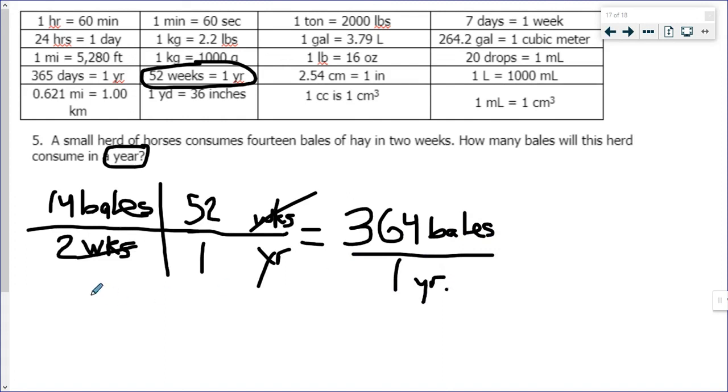All right, so that takes care of that problem.